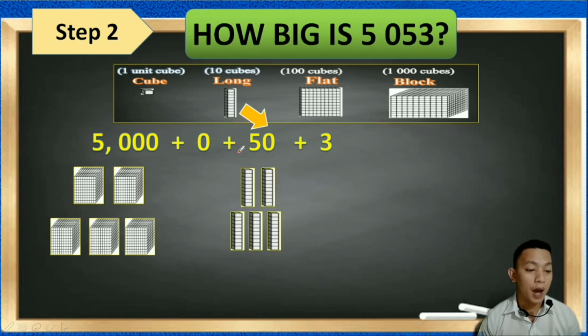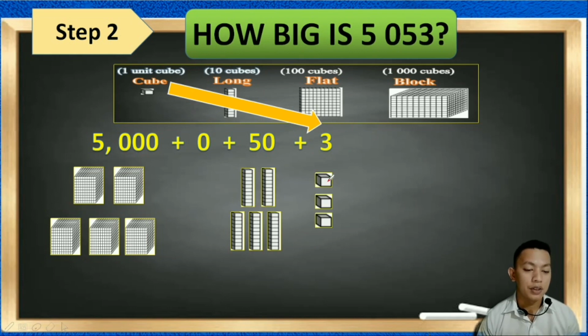We have 5 longs: 10, 20, 30, 40, 50, because the equivalent value of a long is 10. Next, how about 3? How many cubes are there in 3?